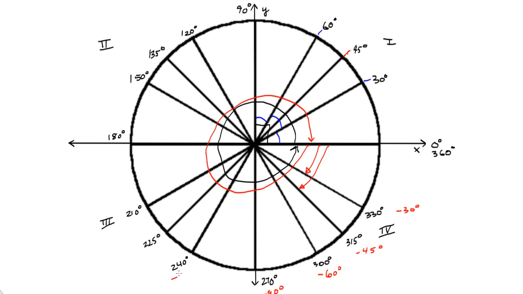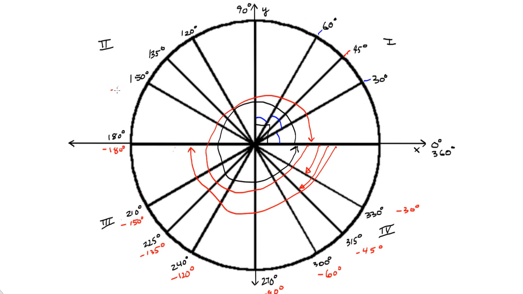Okay, this would be negative 120 degrees. I'll go ahead and finish it off for you. Negative 135 degrees. Negative, what's that, 150 degrees? Negative 180 degrees. Okay, so we're still moving counterclockwise around the labels. Here's my negative 180.